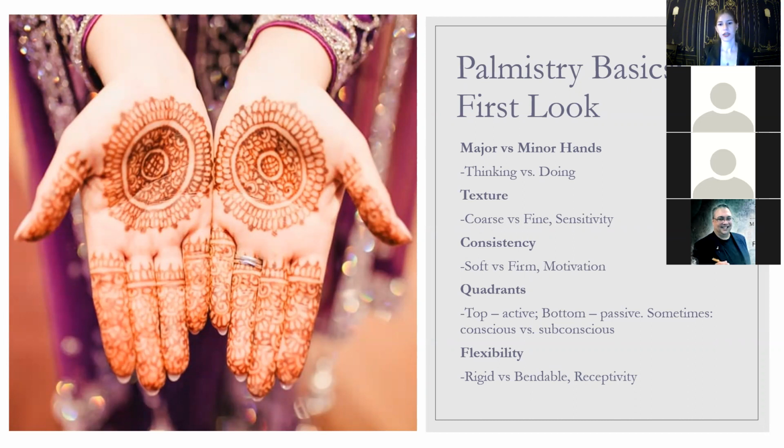The next thing that you can read once you focus in on one hand is the texture of someone's hand. So what does that mean? The polarity here is coarse versus fine texture, and it measures a person's sensitivity. You read that by examining the back of someone's hand.